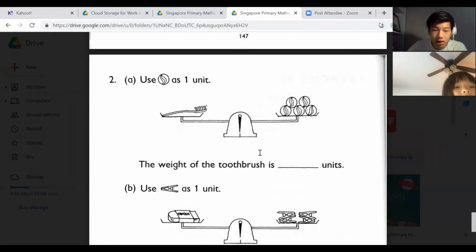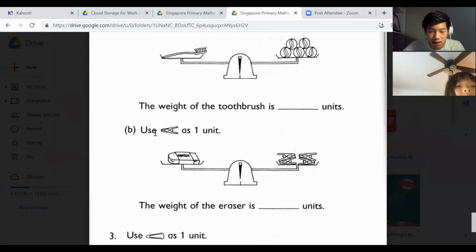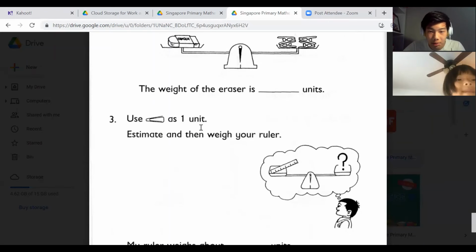Okay, so again, we're going to use marbles. 5. Perfect. And what about this one? The clothespin. Perfect. And the paperclip. Use paper clips as a unit and estimate and then weigh your ruler.